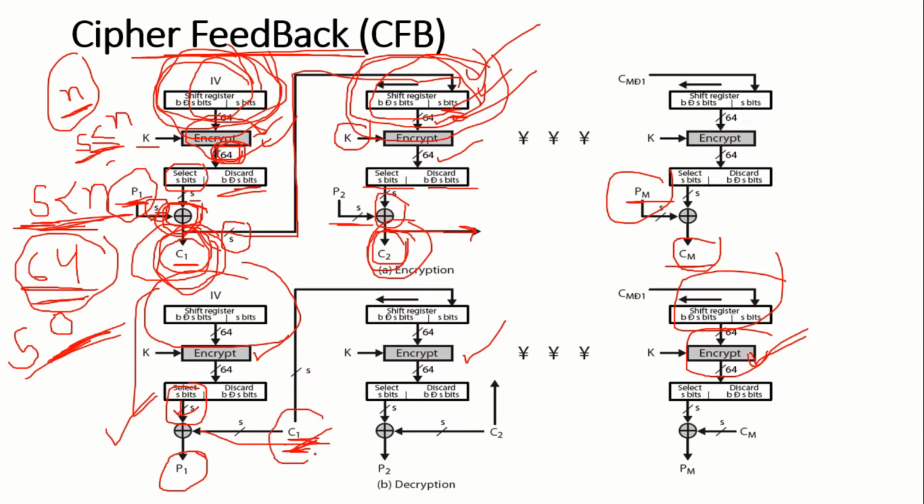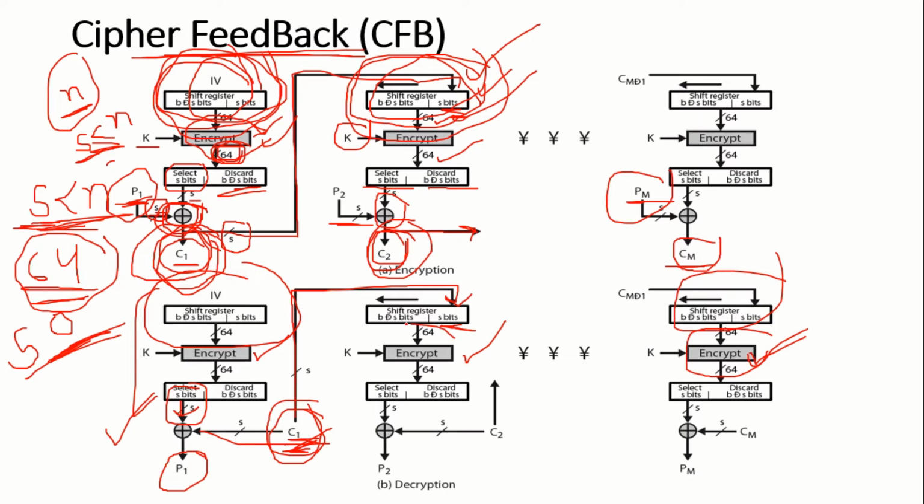Now this C1 again will be used as feedback to the next stage of the decryption process, and the process will be the same. We will be shifting it left by s bits, and some bits will remain inside it, and in place of the other bits we will be inserting the s bits of this cipher text.